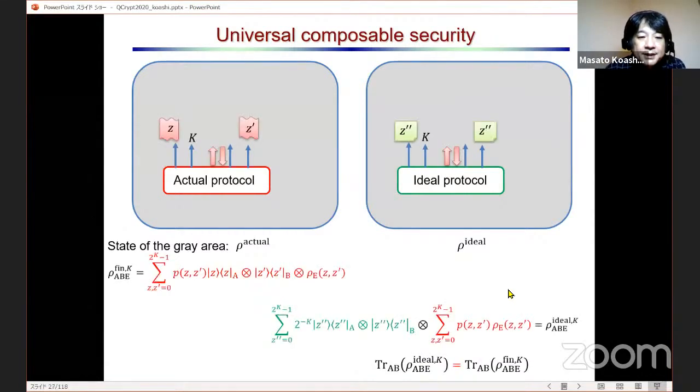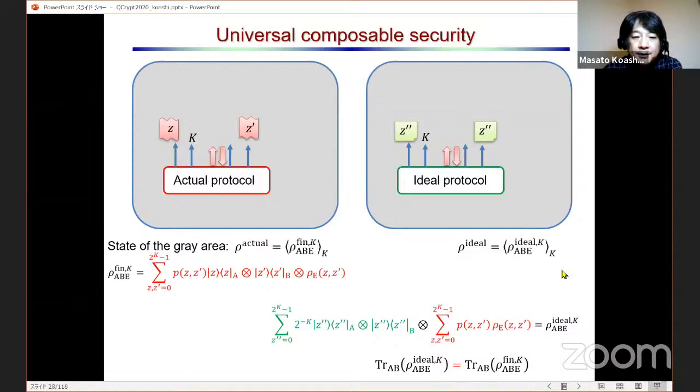In particular, in the case of QKD protocols, the actual state is related to this state already defined here, and the ideal state is the state where only the key part is replaced by the ideal key. This is why I insist that the real state and the ideal state should have the same reduced state of the system.